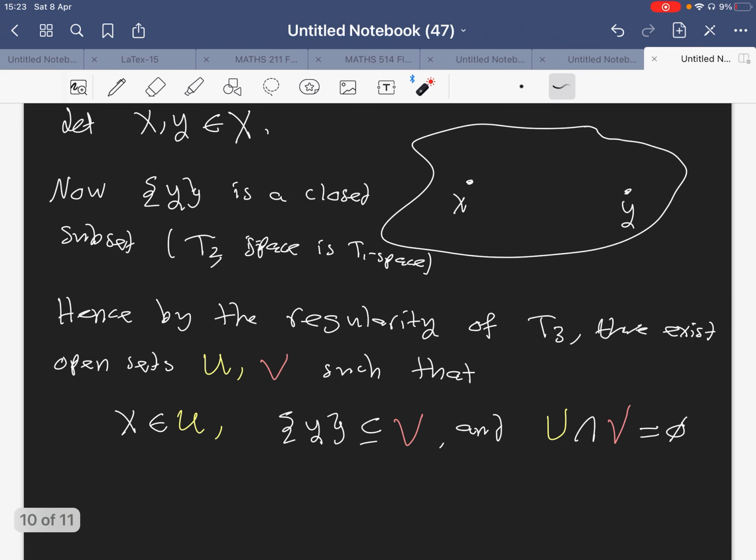Now, if we focus on this line, this is the same as saying Y is an element of V.